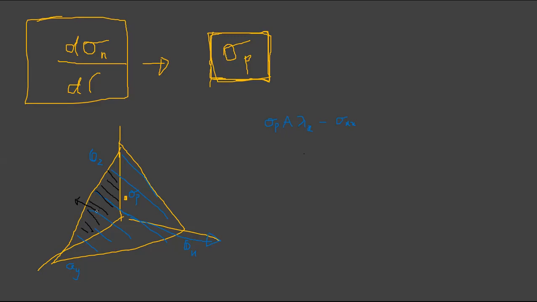Sigma x is also acting this way, or it's the other way. No matter which way you found it, let's say it's negative sigma xx. You need to convert it to a force. So that's going to be, yeah, that's okay then.